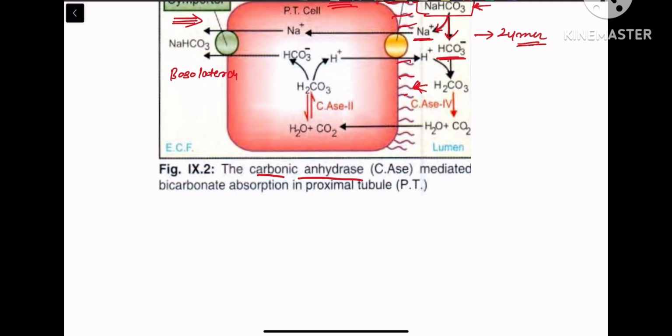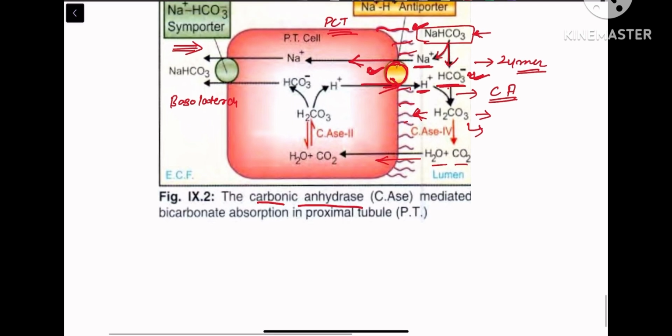Sodium ion is transported into the PCT cell by the sodium hydrogen pump. Here the hydrogen acts with the bicarbonate in the presence of carbonic anhydrase enzyme, forming carbonic acid, which is highly unstable and splits into CO2 and H2O. This is absorbed by the PCT.